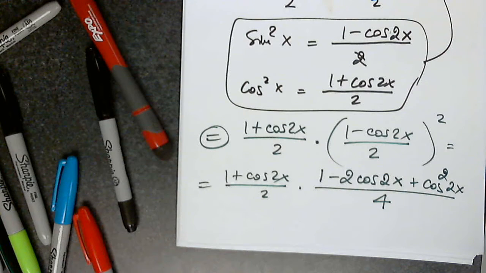Now we're using the double angle formula? Not yet. Very good question, actually. If I use the double angle formula, I'll be in trouble because I'm going back to something squared. I don't want any powers other than 1.